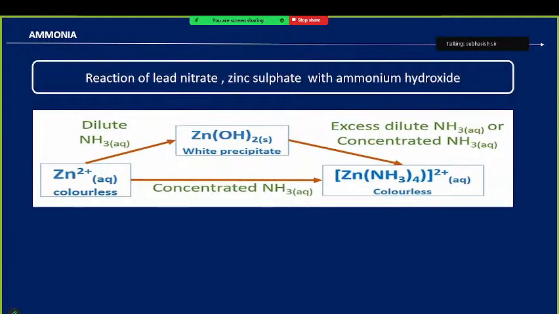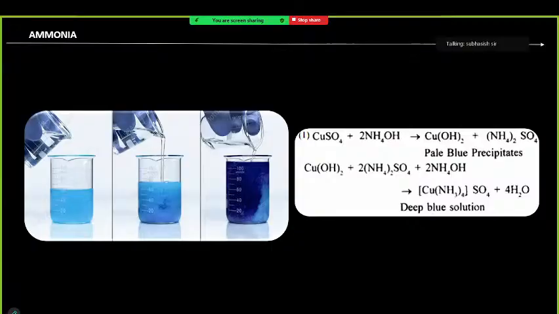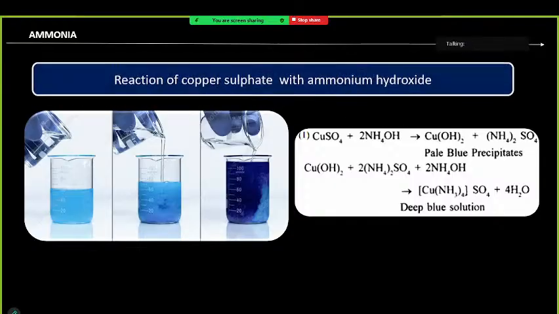So these are the important reactions related to ammonia. But this reaction is most important: copper sulfate with a small amount of ammonium hydroxide gives a blue precipitate, but a greater amount of ammonium hydroxide gives a deep blue solution, cuproammonium sulfate, which we can perform in the laboratory.